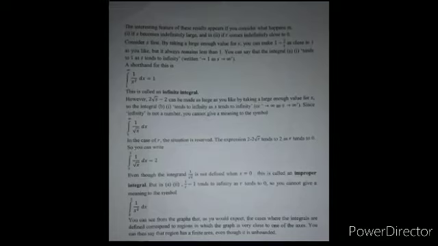The interesting feature of this result appears if you consider what happens in first, if s becomes infinitely large, and in second, if r comes indefinitely close to 0. Consider s first. By taking a large enough value for s, you can make 1 minus 1 over s as close to 1 as you like, but it always remains less than 1.